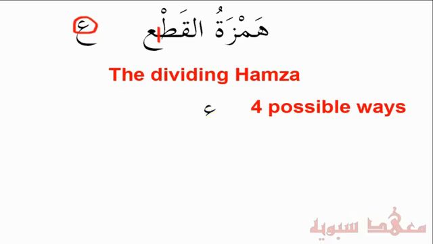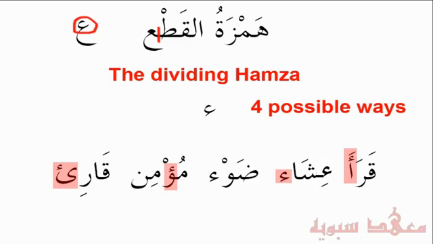Now let's look at some words that have Hamzatul Qata'. And we can see that we can have the Hamza all alone over here, as in the word Isha. We can also have it on top of an alif. Now what harakah is on top of the Hamza is irrelevant. It could be either one. It doesn't matter if it's a dhamma, a fatha or kasra.